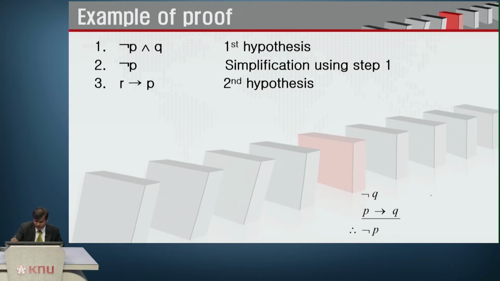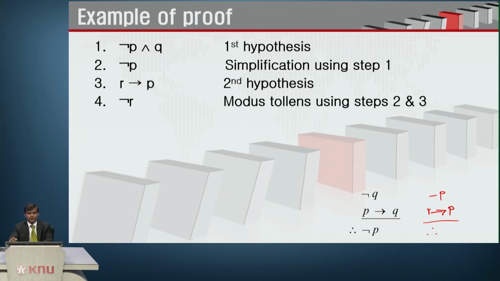Step 2 is negation of P, and here is R implies P. Therefore the conclusion that matters for us is negation of R. So that's by means of modus tollens using step 2 and step 3.